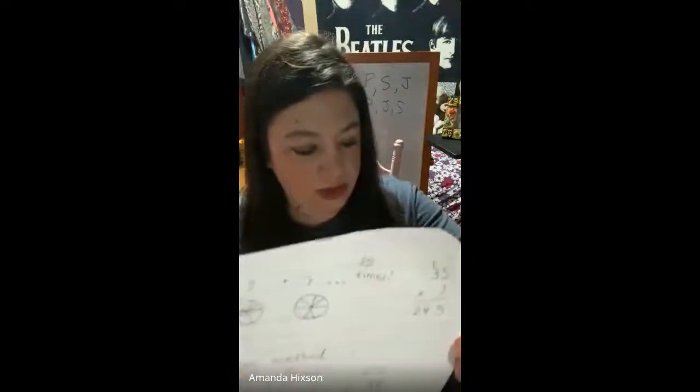So I did 35 times 7 two ways. I did it the regular way, and then I did the box method. So do 35 times 7, and I'll try to hide half of the answer. 35 times 7.